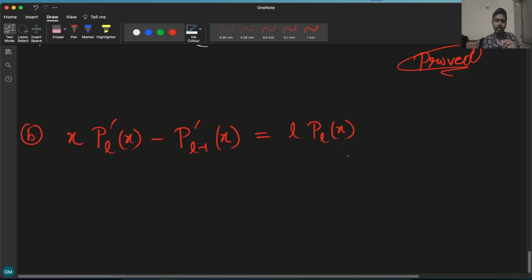Now you can see that derivatives with respect to x are involved here.